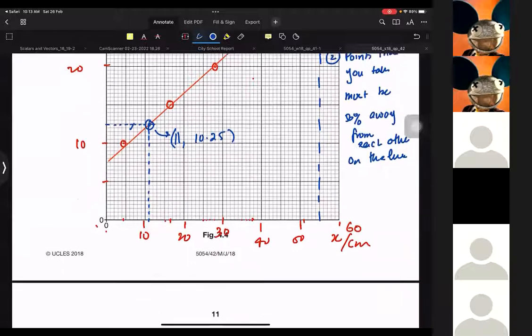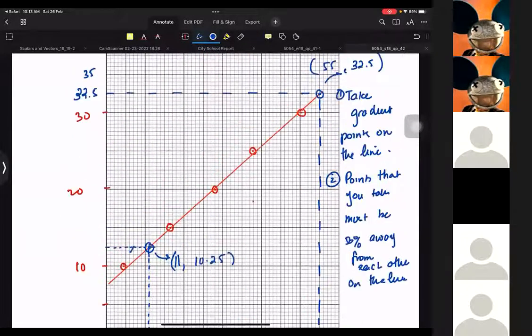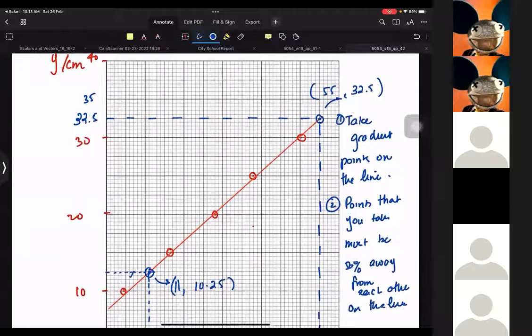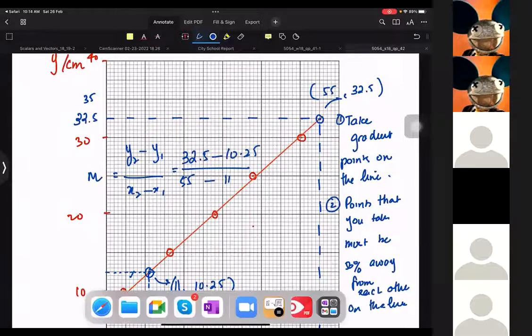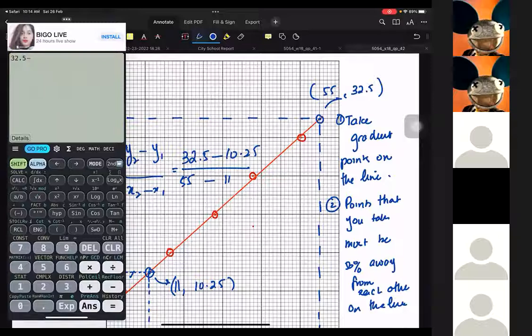Now, keeping that in mind, we're going to find the gradient. And the gradient's formula, if you don't remember, is y2 minus y1 over x2 minus x1, and it could be rise over run as well, whatever you like. So 32.5 minus 10.25 divided by 55 minus 11. Let's do that.